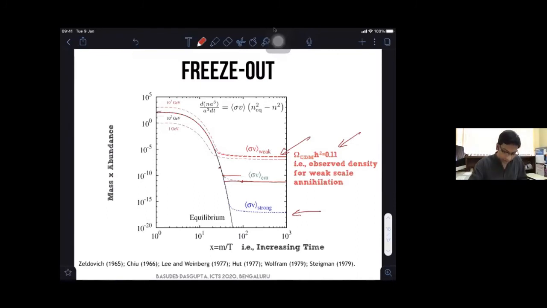First I solve this part using one approximation, and then I solve this part using another approximation. Some point in this vicinity is what I would call X star, whereas this point is X freeze-out or X decoupling. So X freeze-out is after X star, which is at larger values of X.